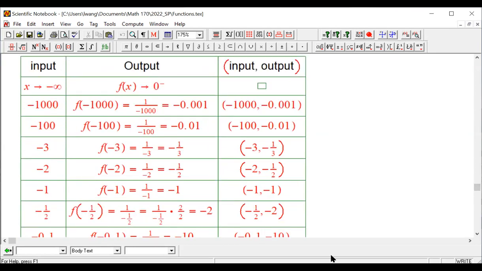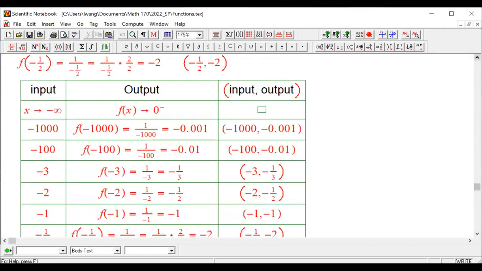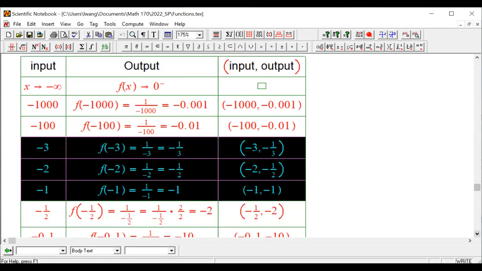In this table, I've constructed it in such a way that first of all, we saw these numbers. If you need to slow down, maybe pause the video and watch back and forth. First, look at these. We did these numbers, that's pretty straightforward.